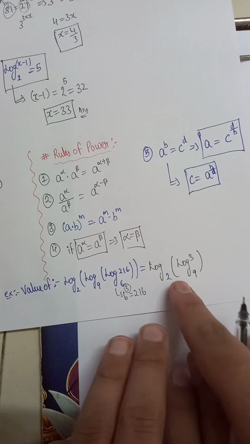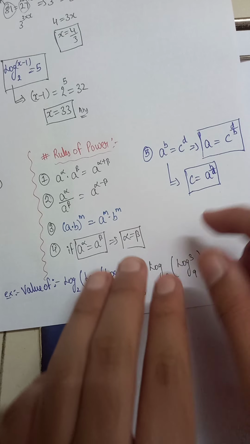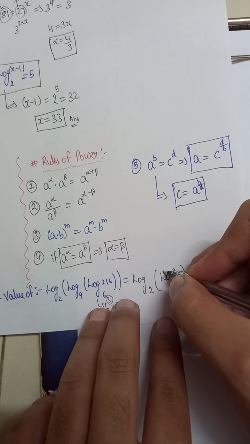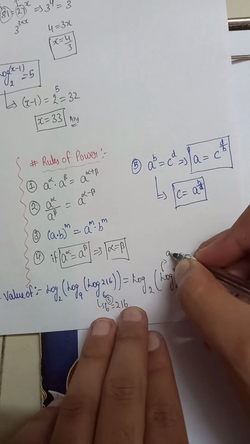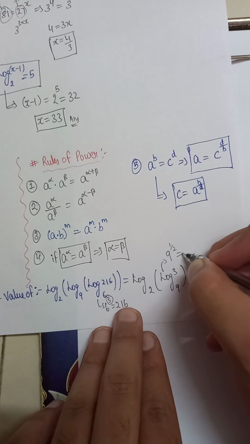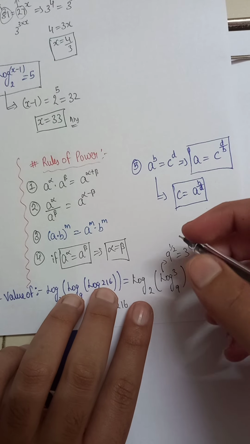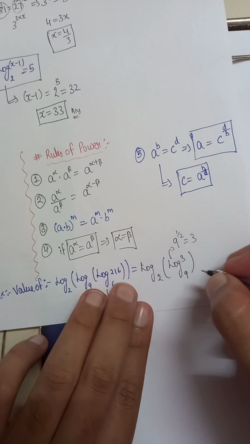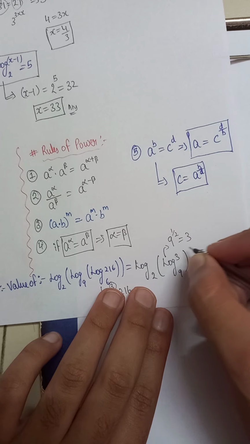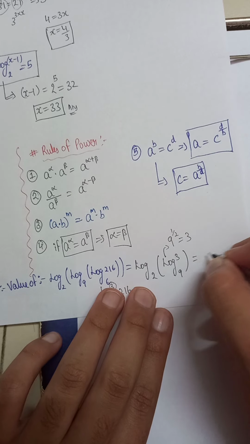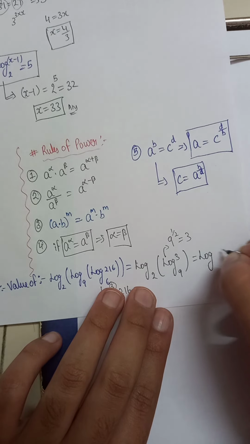Now the same goes for the next part. We all know that if you put 9 to the power 1 by 2, then you get the answer as 3. So 9 to the power 1 by 2 is nothing but root over 9, that is 3. So now we write it as log 1 by 2 to the base 2.